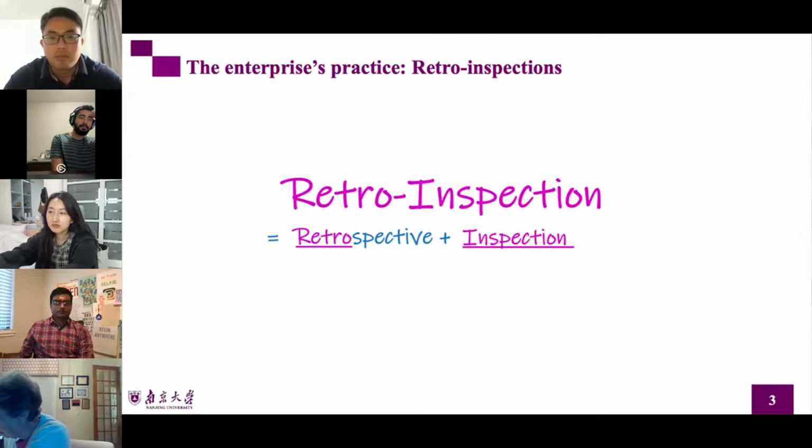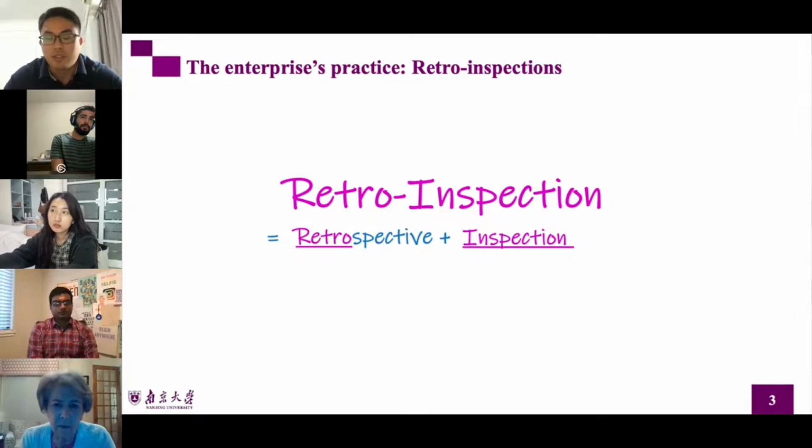In a nutshell, retro inspection is an enterprise-specific practice for software quality assurance, and this practice is a variation of classical Fagan inspection.